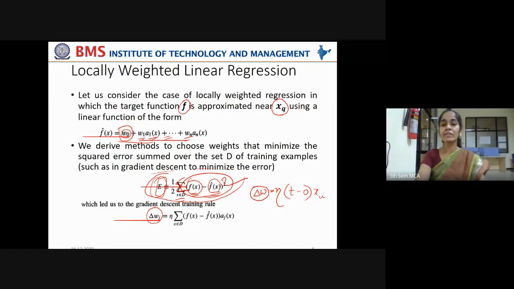This is called the gradient descent delta value, in order to adjust the weight to get minimum prediction error. Got it? You remember now?